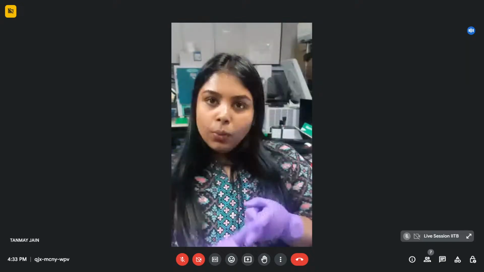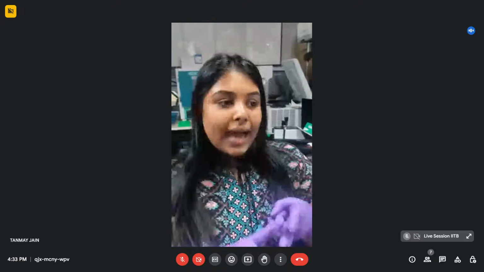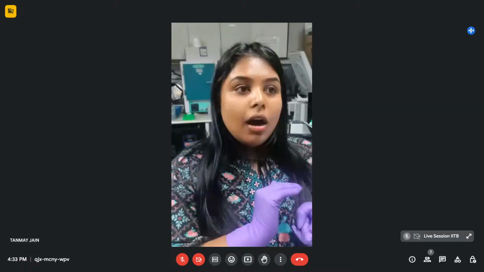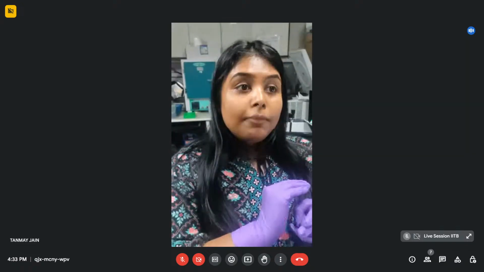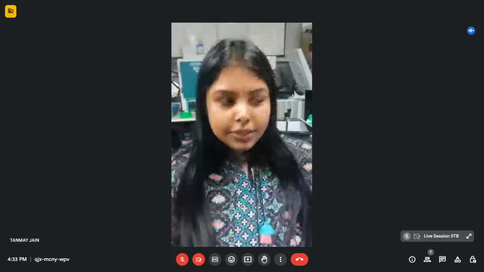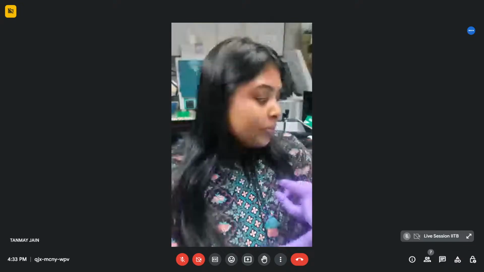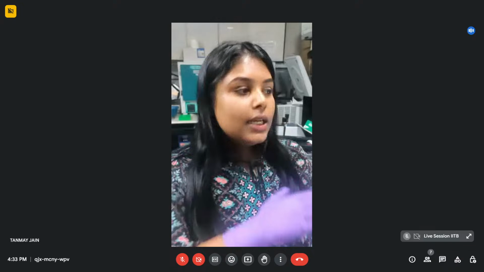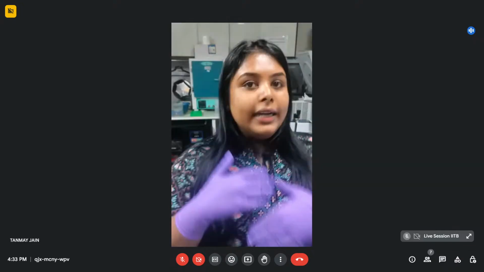Number one, sensitivity. It can detect protein changes, molecular changes at very low concentrations. Then it is faster. It is a very robust and fast technique, whereas in other immunoassays like ELISA and other techniques you have to do the experiments for a couple of days.